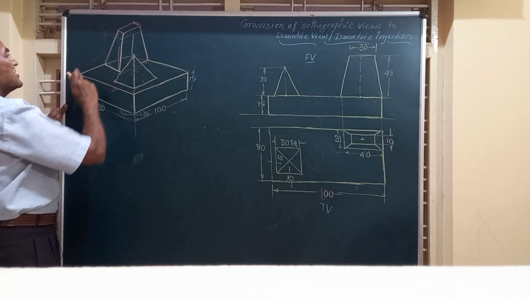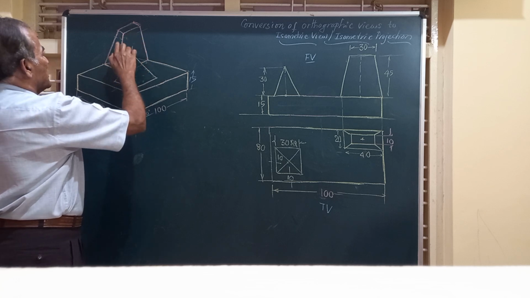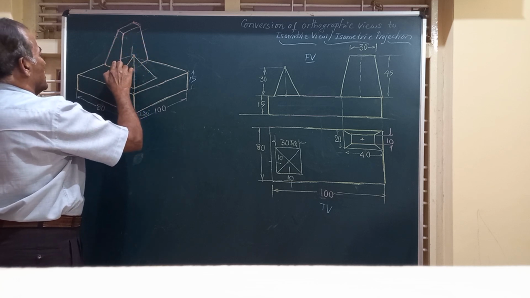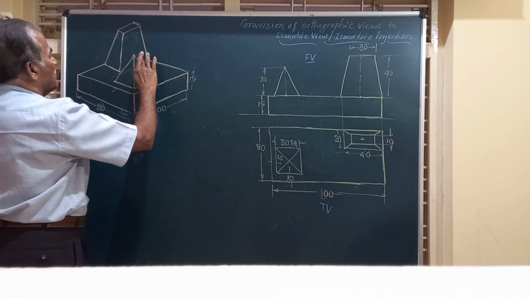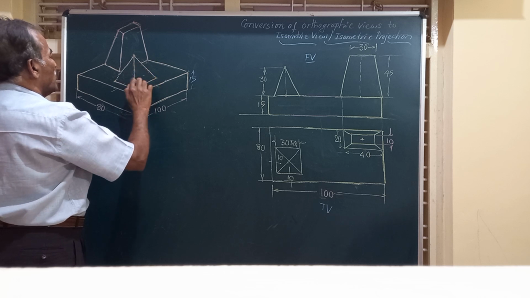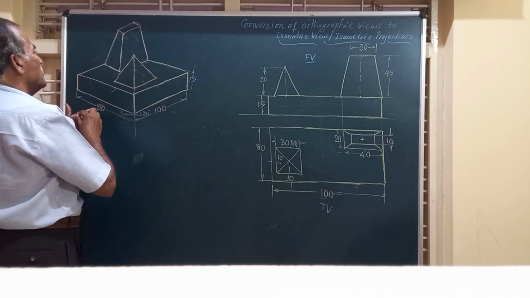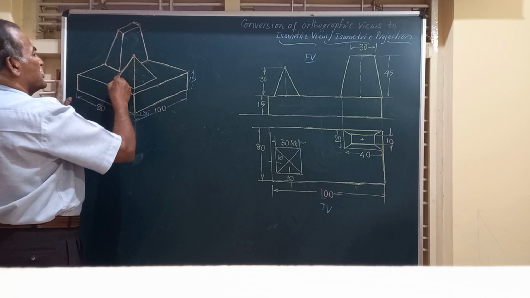Friends, these construction lines are not visible. So the drawing looks better when you remove all these unwanted lines. If you want, you can show them by very thin lines.